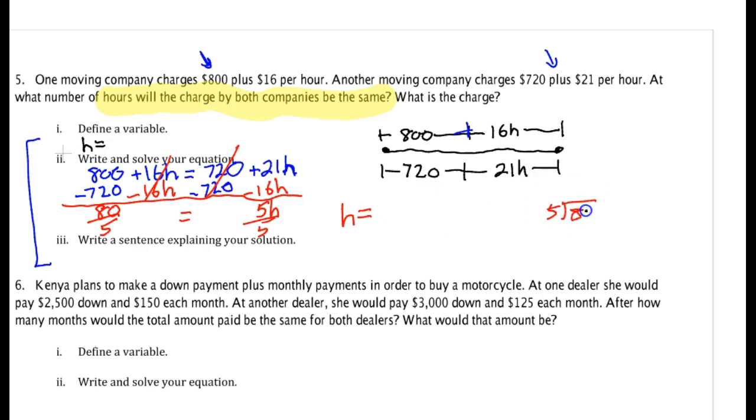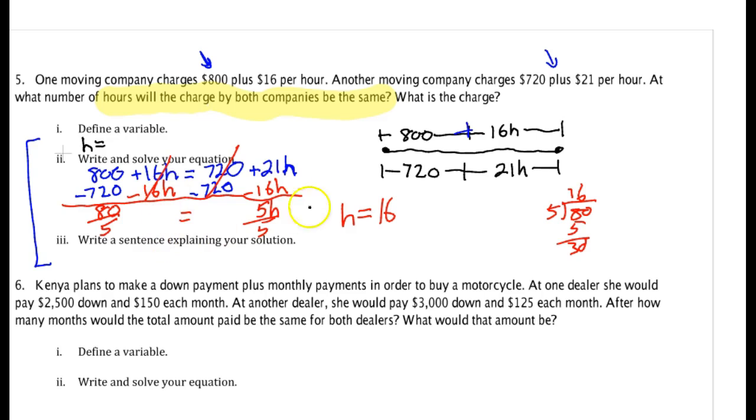You get 16 hours. So that's a lot of time for moving. So if you think it'll take less than 16 hours, what company is cheaper? If you think it'll take more than 16 hours, what company is cheaper?